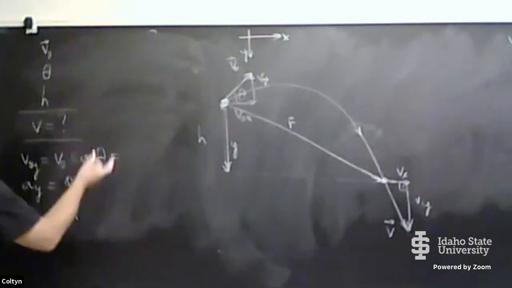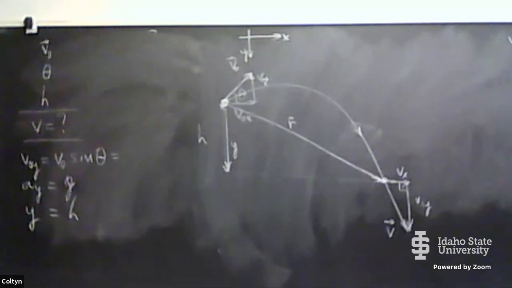So whatever number you have for your version, this is what the y component of the displacement is. In other words, for the y component, we know our three numbers, and we can find everything, including the final velocity y component.